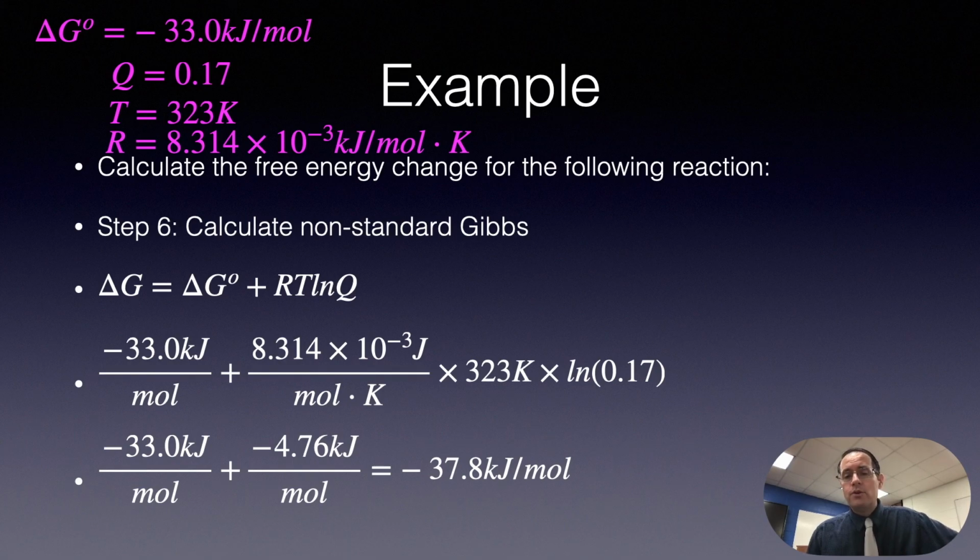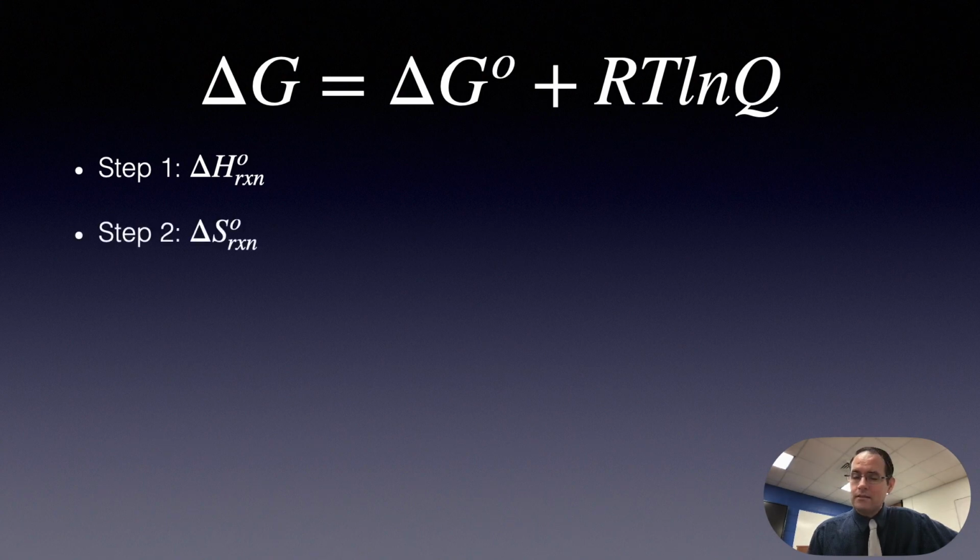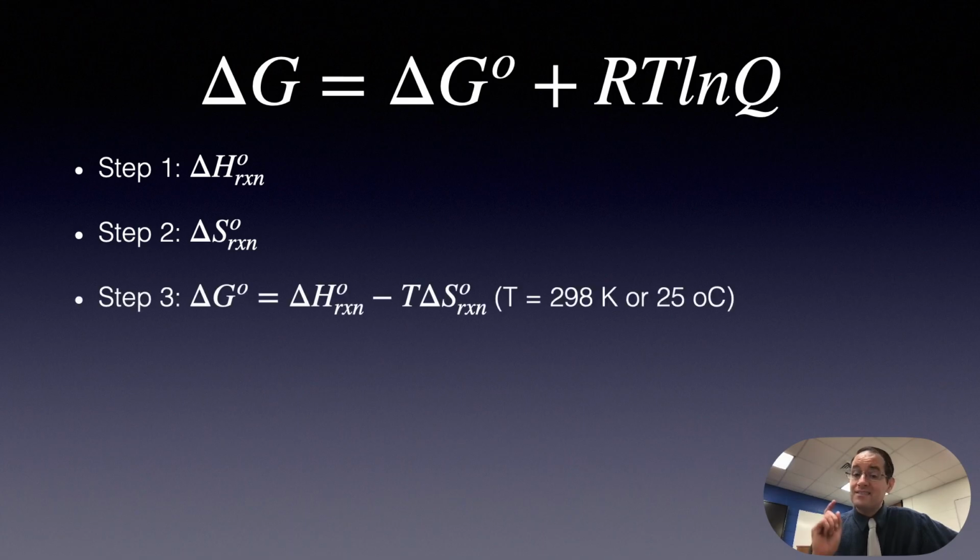Let's go ahead and review all the different steps necessary to calculate this, all right? So first of all, here's a grandiose equation that you need to write down and know how to use. So the first step is usually to calculate the delta H for your reaction, calculate delta S for your chemical reaction, then calculate the standard Gibbs free energy change, and this is where you want to plug in that 298 Kelvin in place of temperature here, okay?